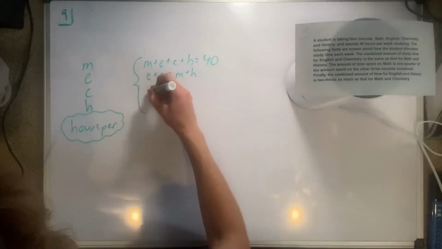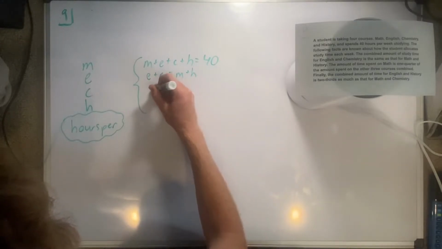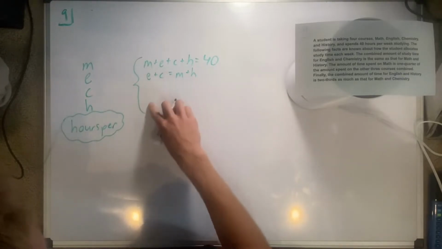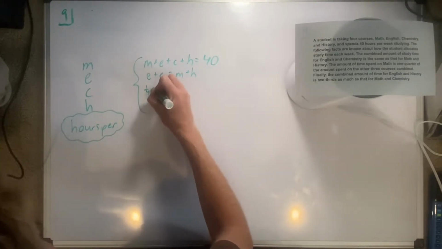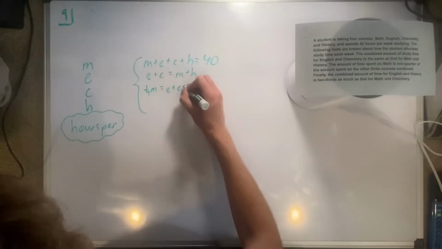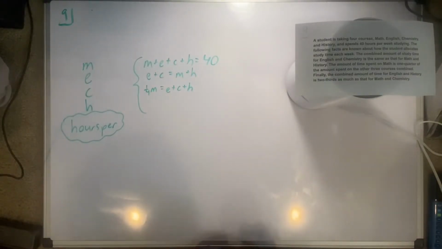I need to make this a little bit bigger. So that means that M over 4, or we can do 1/4 M, I like that a bit better, is equal to E plus C plus H.